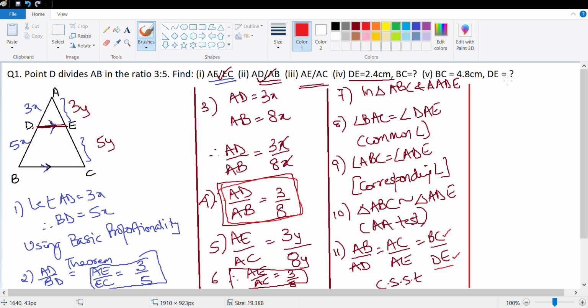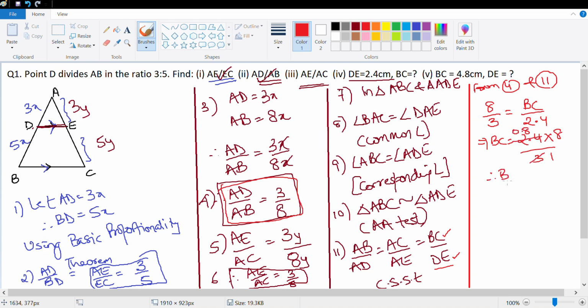Right, so from 4 and 11 I get AB upon AD, which is 8 upon 3, is equal to BC, which is what I need to calculate, and DE is 2.4, which means BC is equal to 2.4 into 8 upon 3, 0.8. Therefore, BC is equal to 6.4 centimeter.